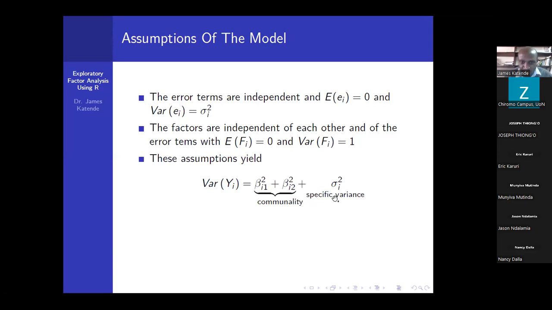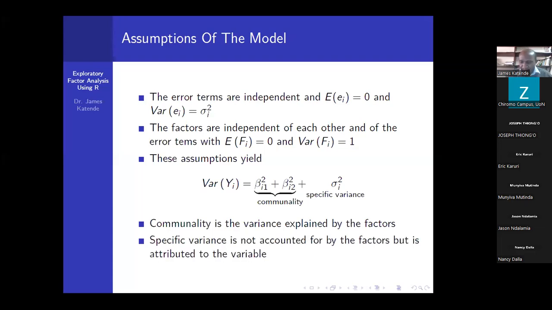The communality also tells us how well the model is represented. The communality is what is explained by the factors, and the specific variance is not accounted for by the factors and is attributed to the variable itself.